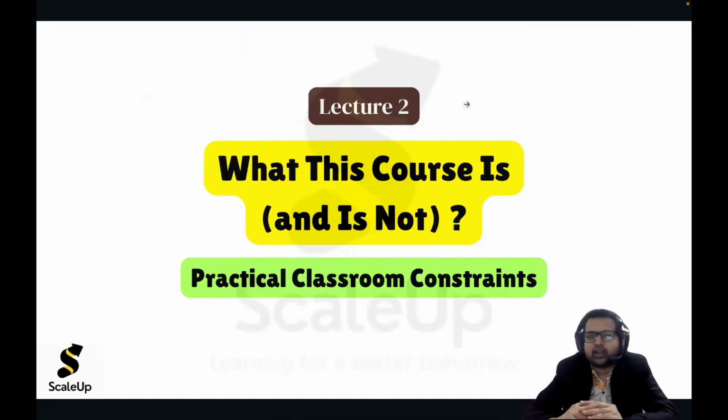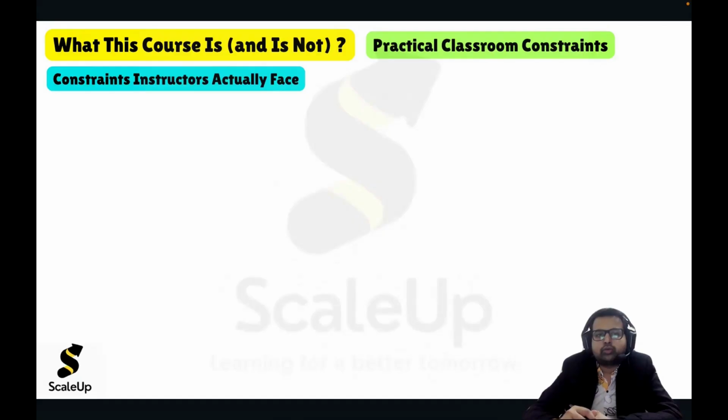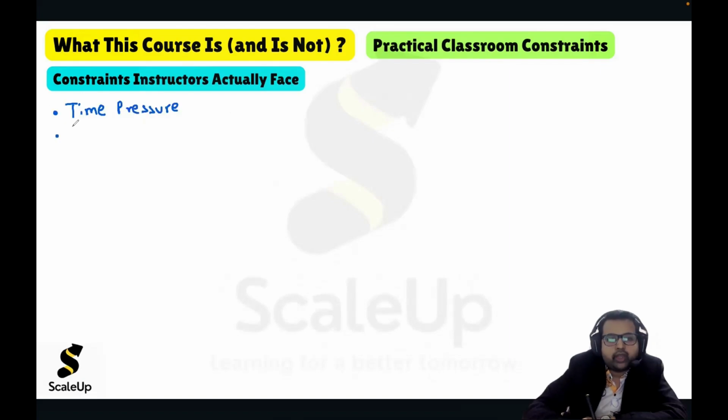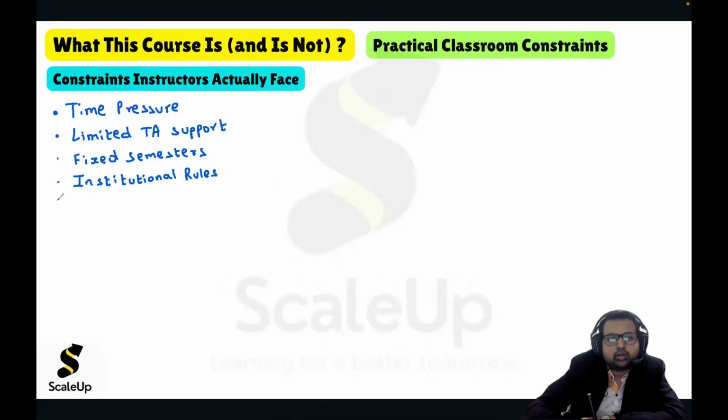Okay, now we will be looking at the next topic of this lecture 2, that is practical classroom constraints. We'll look at the constraints which instructors actually face. So we have time pressure, we have limited TA support, like teaching assistant support. We have fixed semesters, institutional rules and ethical responsibilities.